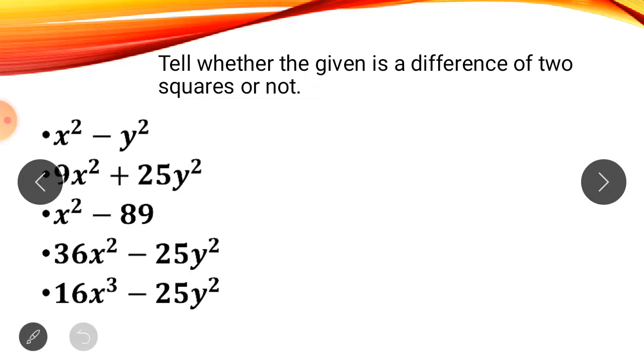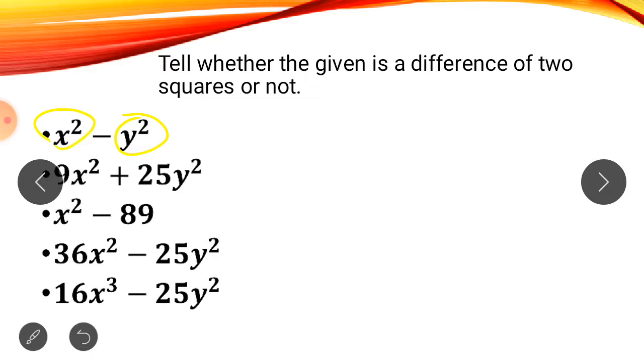So how do we tell if the given is a difference of two squares? First, the first term and the last term must be a perfect square. It means they have a square root. Their square root is a whole number for numbers.